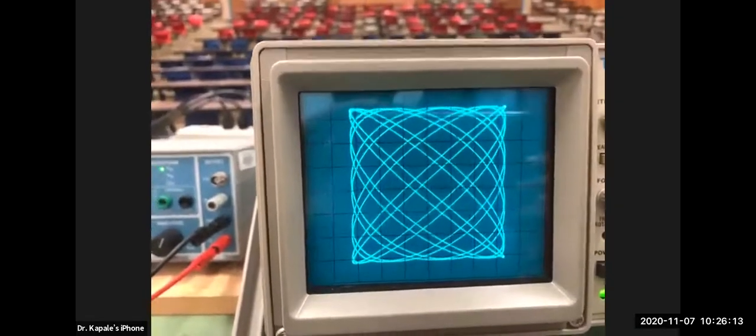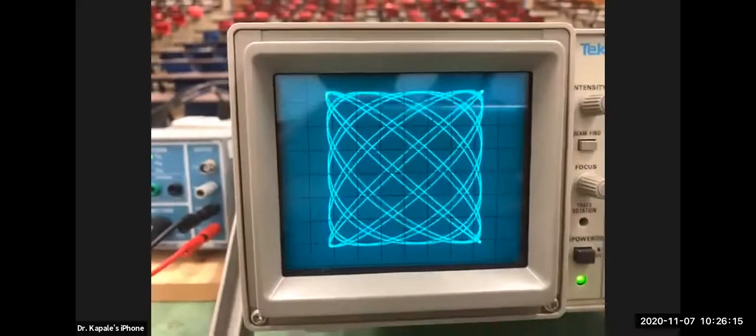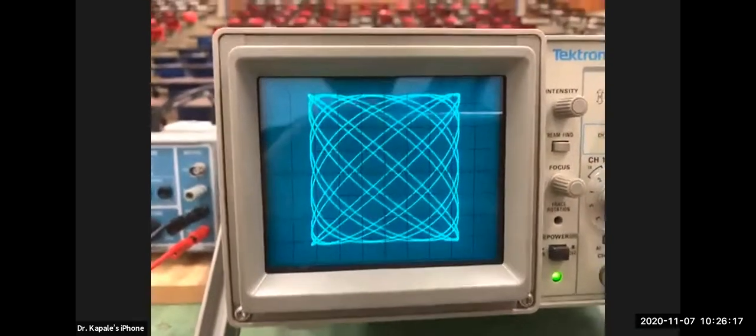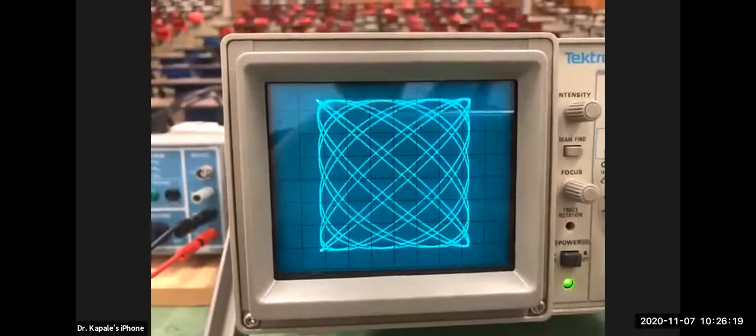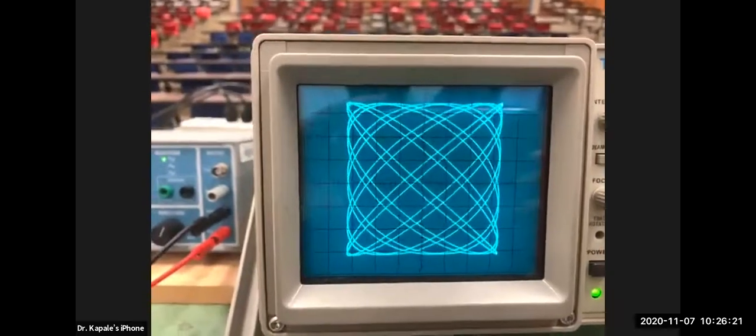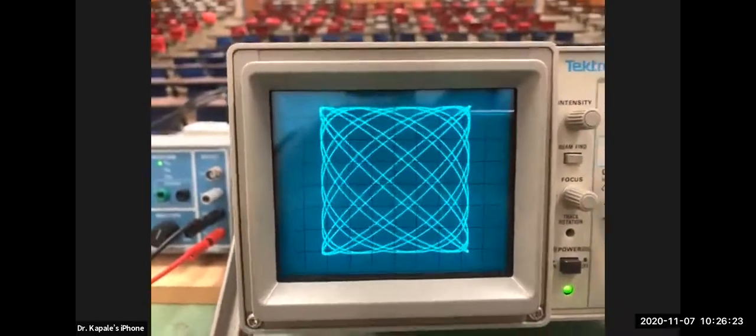And you can see that pattern is more or less steady. It's slowly varying, but this is the pattern you're supposed to get, and then it keeps slowly varying from that basic pattern.